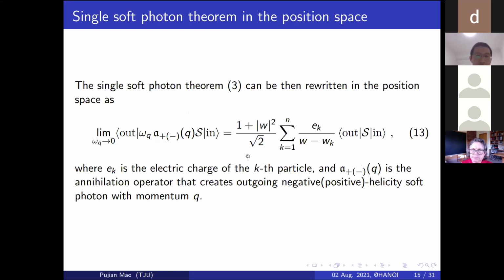And the single soft theorem can be rewritten in position space in this way. And this piece on the right-hand side is the soft factor. And A plus or minus are the creation or annihilation operators that will create the soft photon.